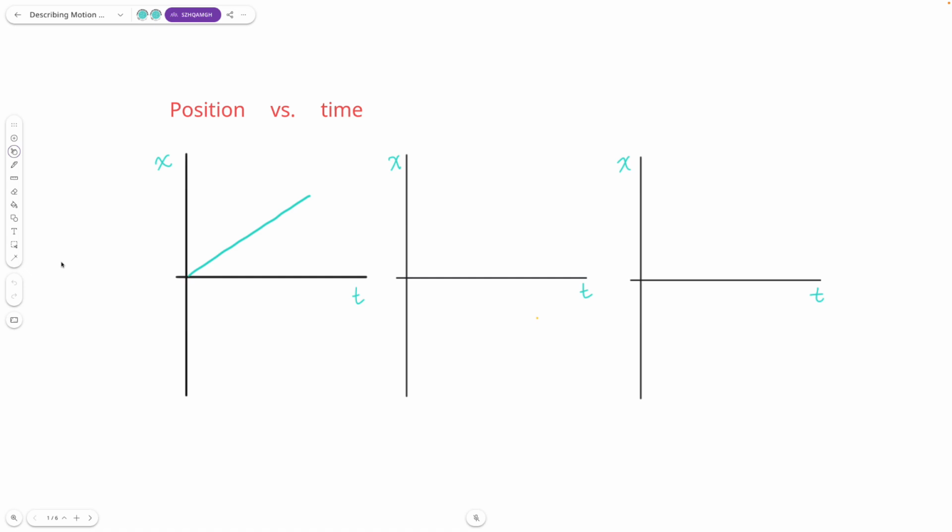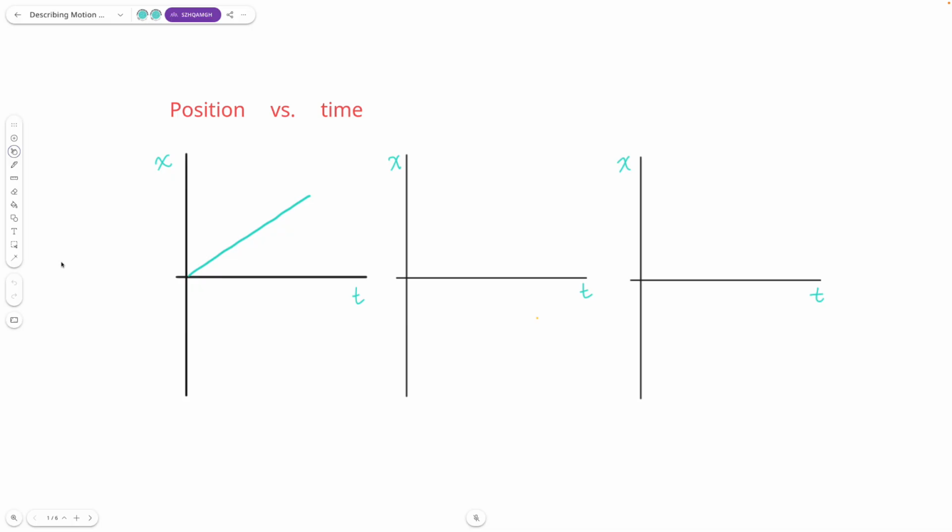Usually what's going to be a little more important with these is what our slope is like. And when we're trying to describe the slope, there are two things that we want to focus on. Number one, is our slope positive or negative? Because the sign of the slope is going to tell you the direction of motion.